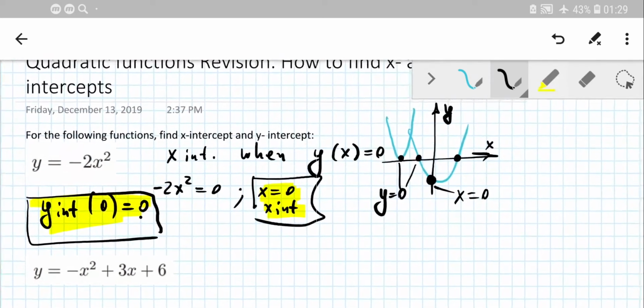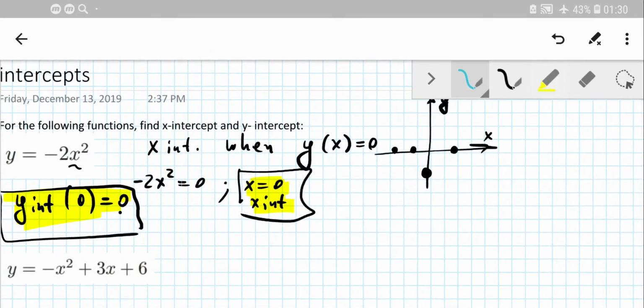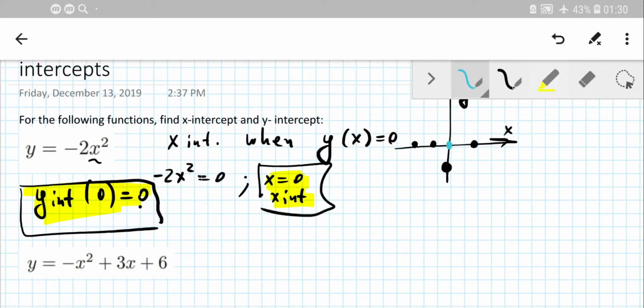How can we do it really fast? Let's just remember that this is your basic parabola with a scaling factor of -2. That means your parabola gets a little narrower than the base one, but it goes downwards. That's why negative means that, okay?